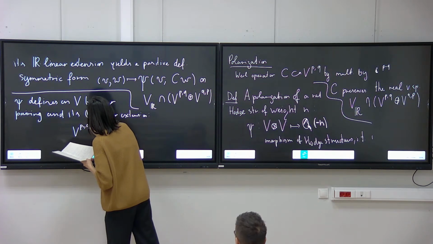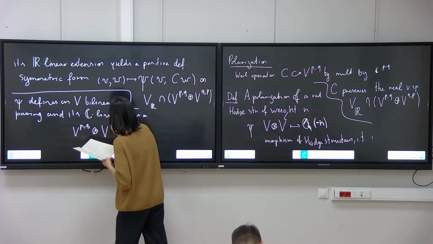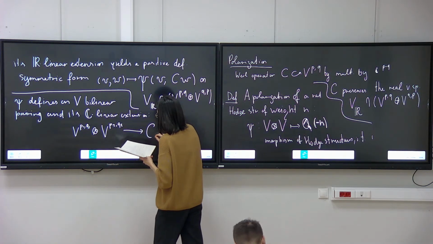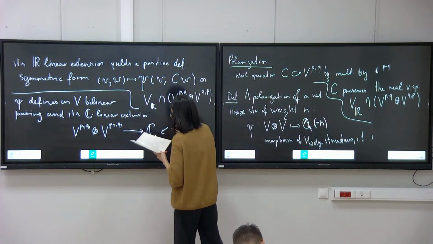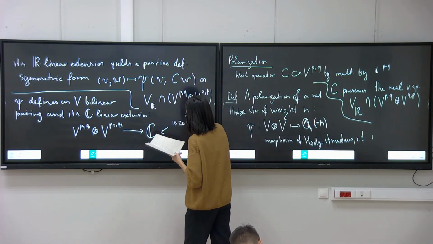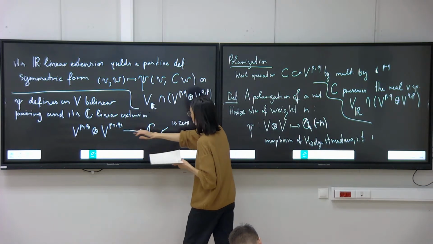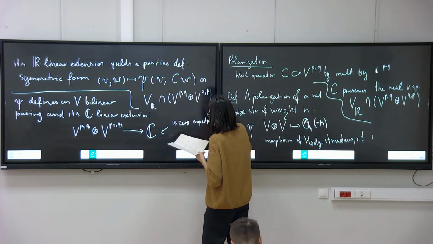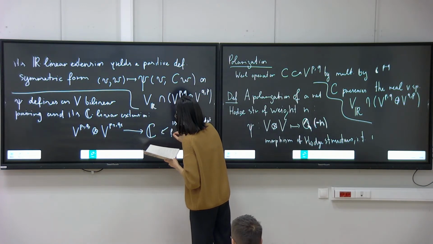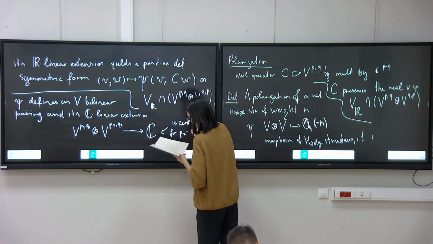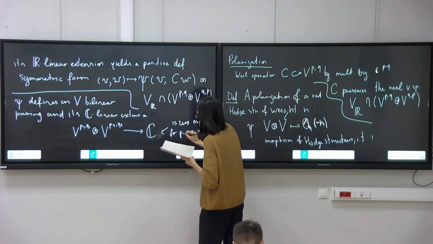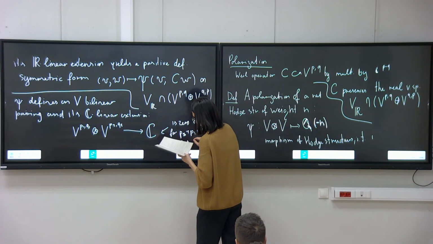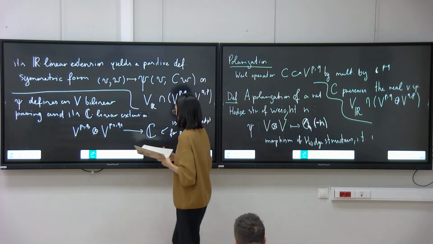If we take V^{p1,q1} ⊗ V^{p2,q2}, then it maps to C, and this is 0 for all p1, q1, p2, q2, except for p1 + p2 equal to n and q1 + q2 equal to n.